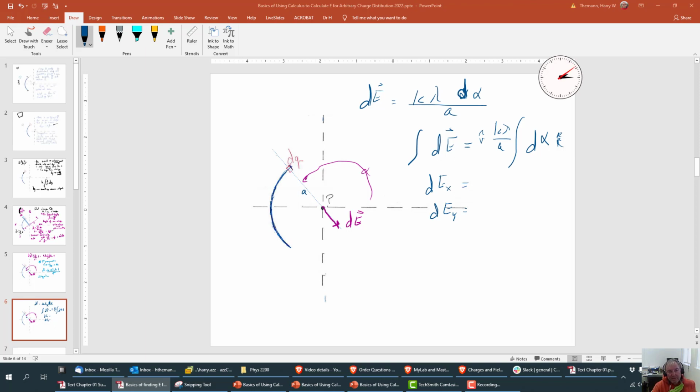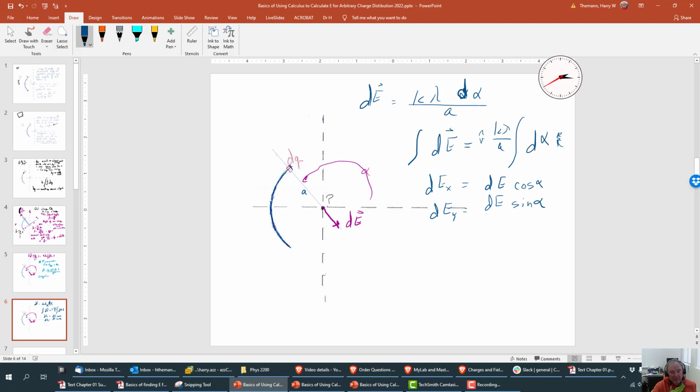So that means dE cosine of alpha and dE sine of alpha, because cosine is the x-axis, adjacent over hypotenuse, and opposite over hypotenuse, sine, the y-axis.